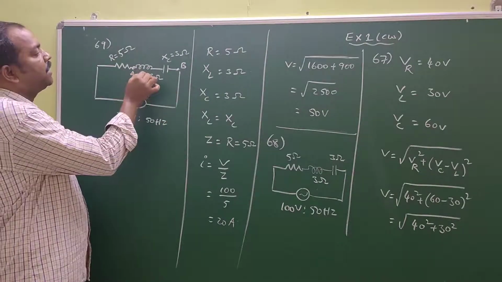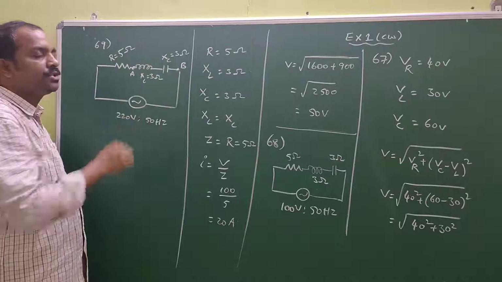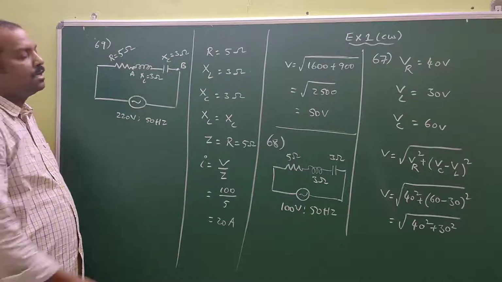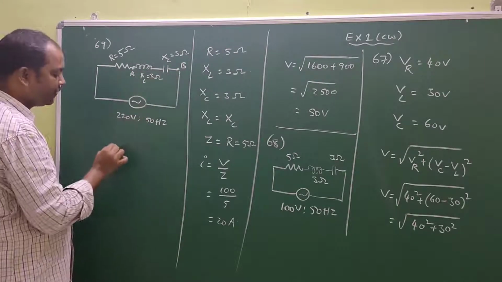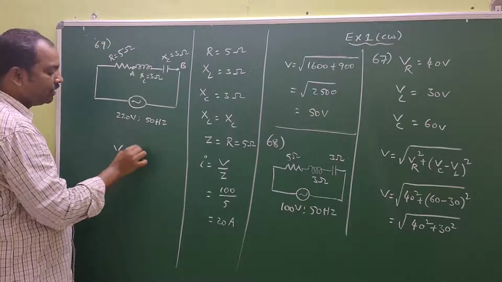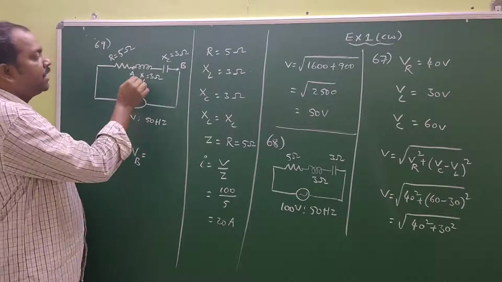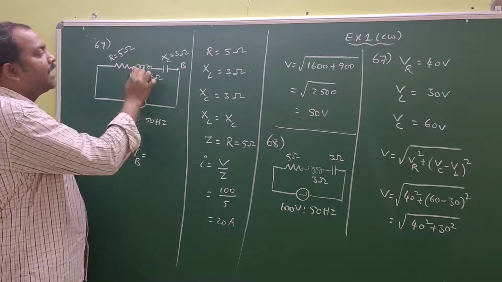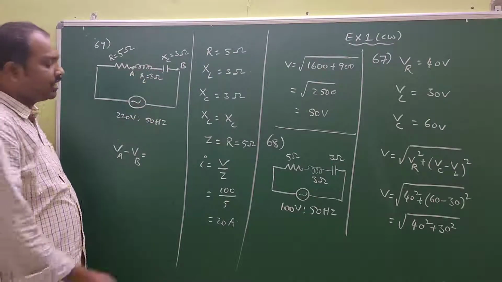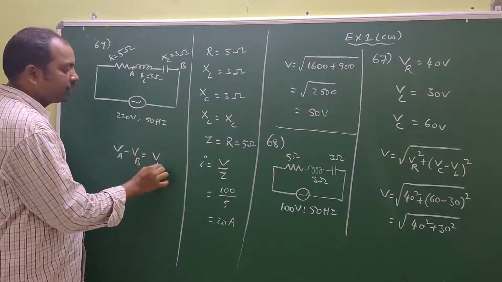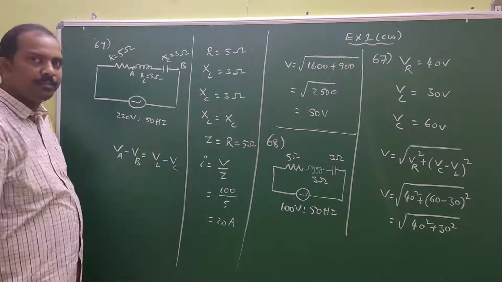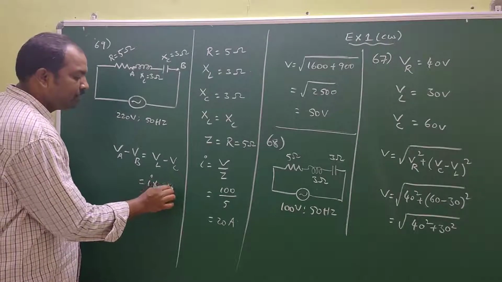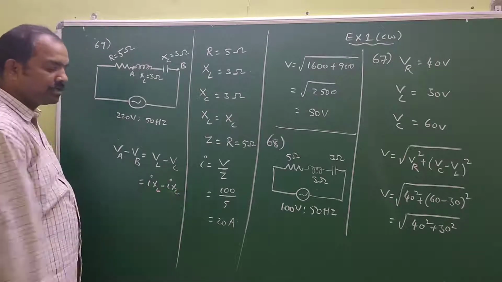The potential difference between A and B is nothing but the net potential across the combination of inductor and capacitor. So that is VL minus VC. Here VL is equal to I into XL, and VC is nothing but I into XC.